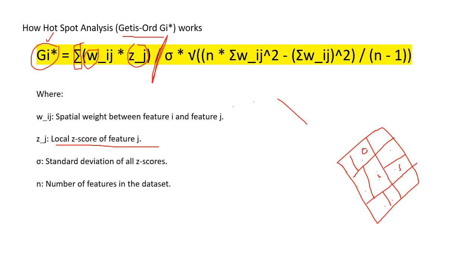Based on that Gi star, the polygon will be decided whether it is part of a hot spot or cold spot or statistically insignificant. So this value will belong to each polygon differently. When I do the software demonstration, it will be more clear to you.